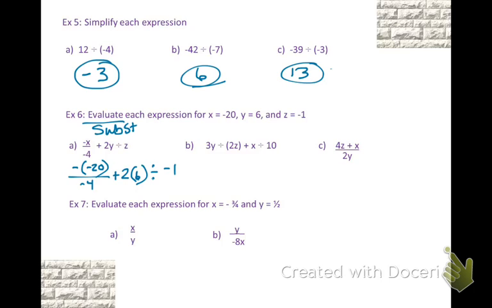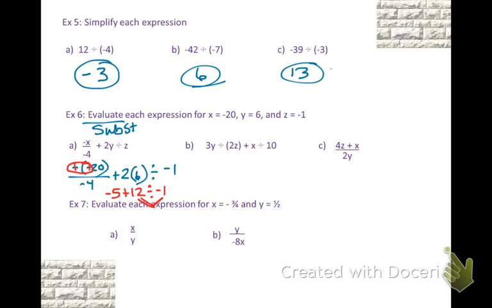I wrote them down. So now I'm going to do the negative and negative in front of the 20. So those are positives. So 20 divided by negative 4 is negative 5. Plus 2 times 6 is 12, divided by negative 1.